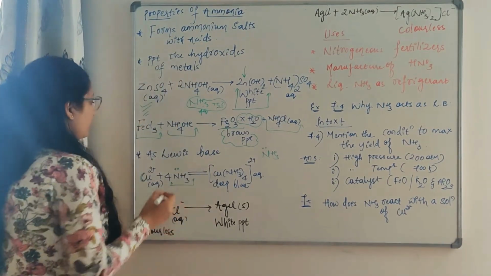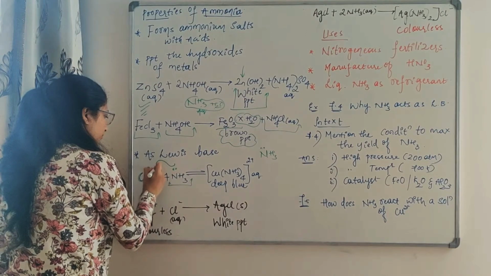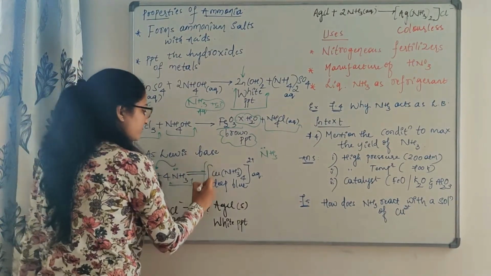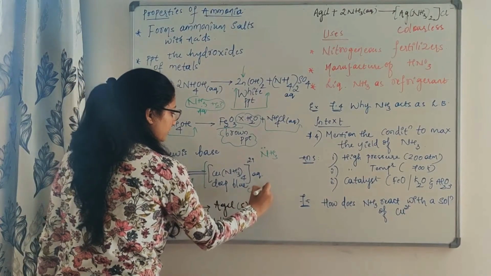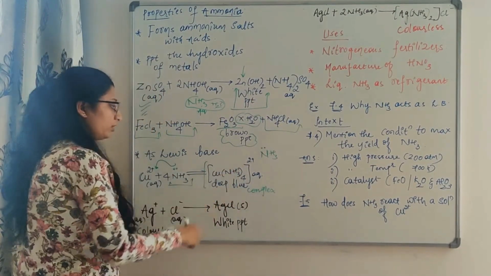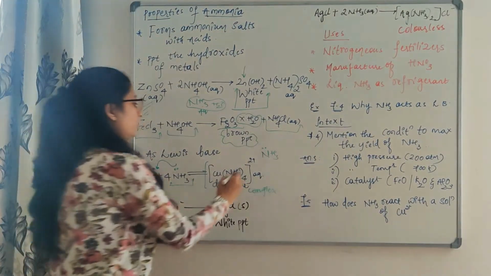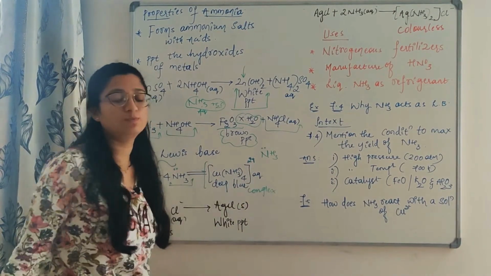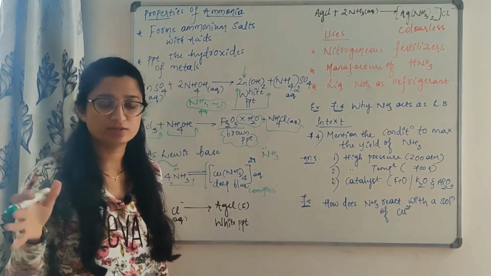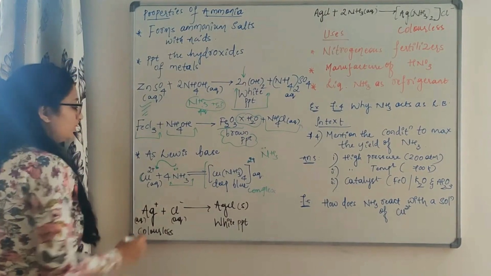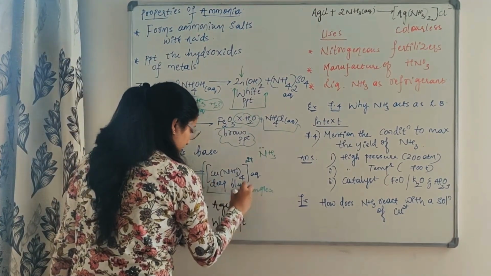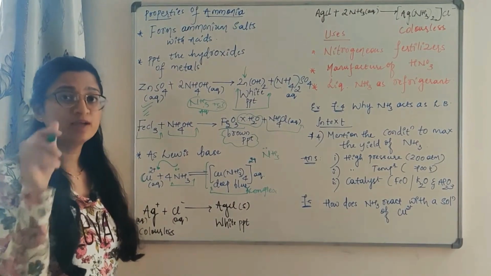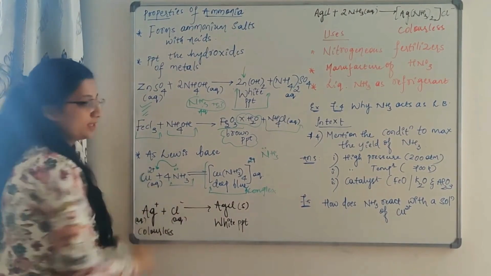Now this lone pair of electrons will be given to Cu2+. So there is a formation of a complex here, that is [Cu(NH3)4]2+ in aqueous form. This same complex we are going to learn in coordination compounds as well. The color of this is deep blue. So the presence of this indicates the presence of the Cu2+ ion.